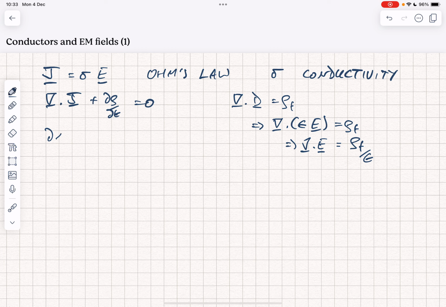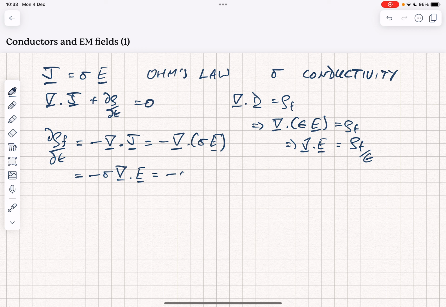What we have is that d rho free by dt is equal to minus the divergence of J. We've just written that J is sigma E, so we now have minus the divergence of sigma E. And if we pull out the sigma, that's minus sigma div E, which is simply minus sigma rho free over epsilon. That is a very simple first order differential equation.